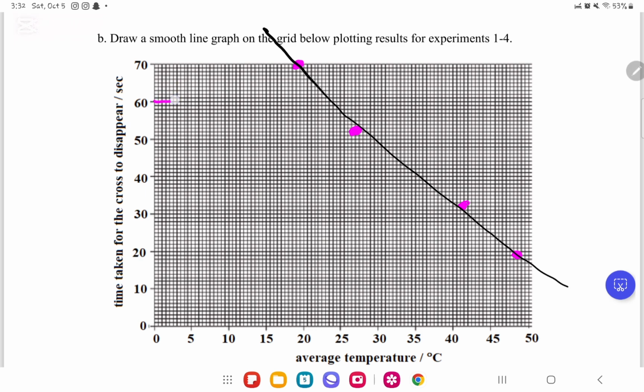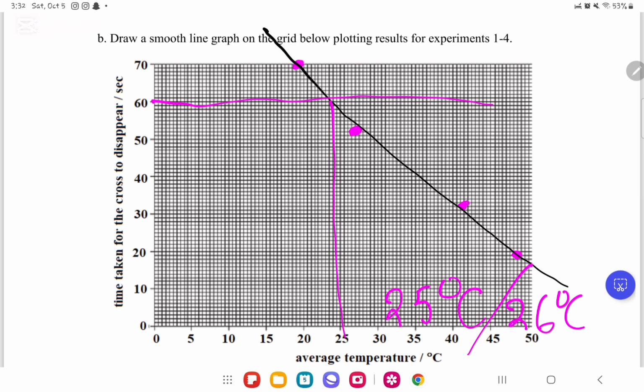So let's go 60 seconds here. Or no, let me draw more accurate. Be here. And then actually it increases from here. So I'm not really sure. I would say 25 degrees Celsius, or if it's inaccurate, it would probably be 26 degrees Celsius.